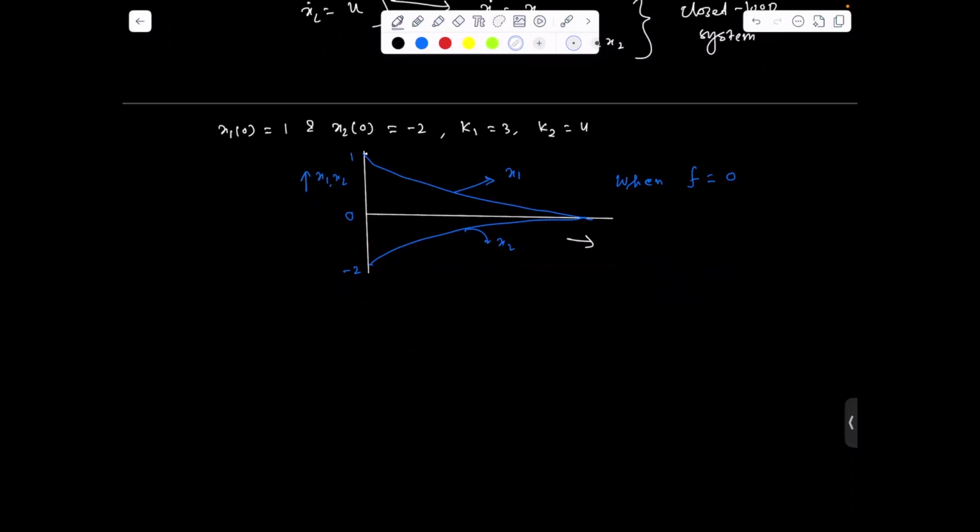So here we can say that asymptotic convergence is achieved for x1 and x2. Now, how to tackle this system once we have this unknown function f?